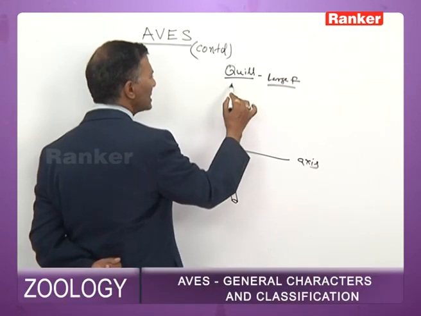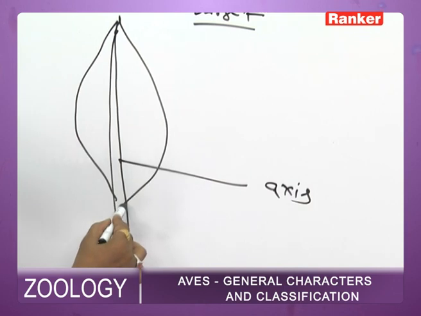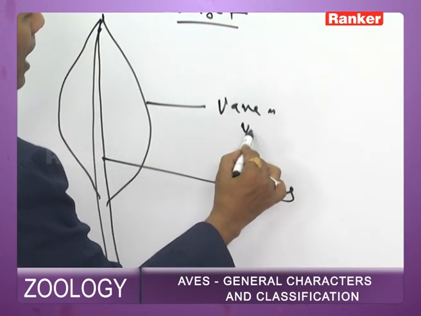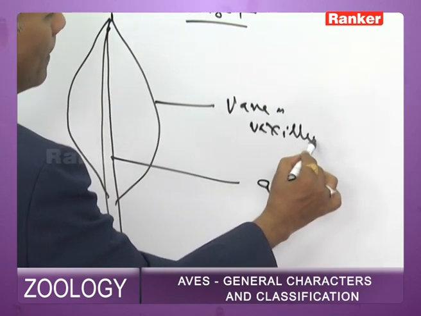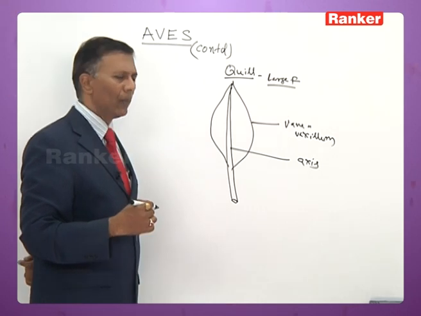This axis has a membranous expansion. This membranous expansion of the feather is called vein or vexillum.